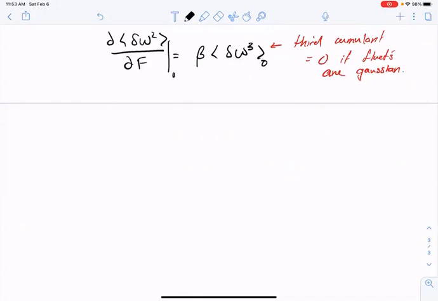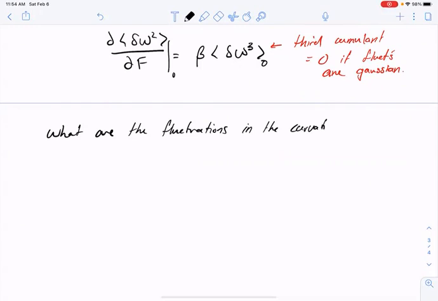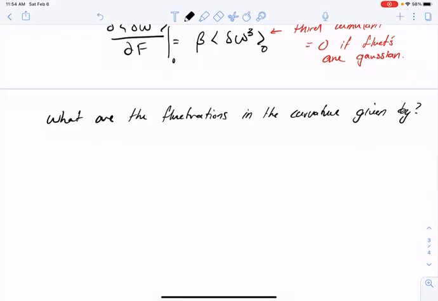If we wanted to understand this microscopically, how would we predict the fluctuations in the curvature and thus understand what underpins the rigidity of this membrane?